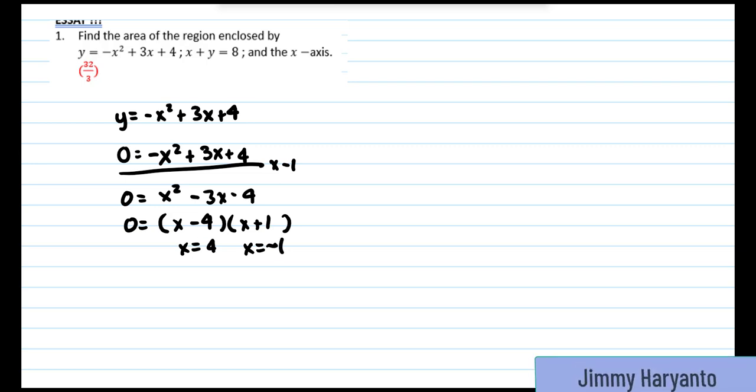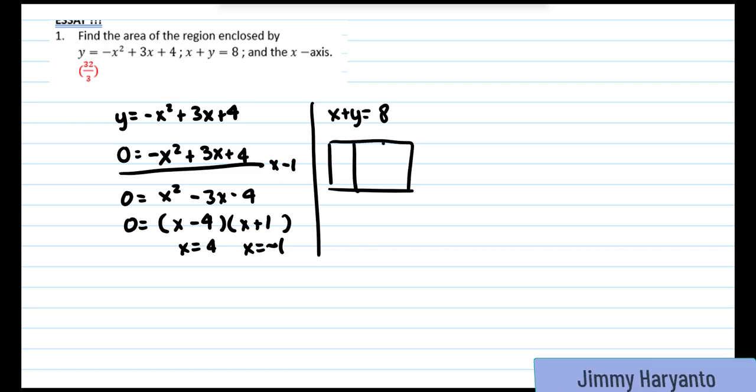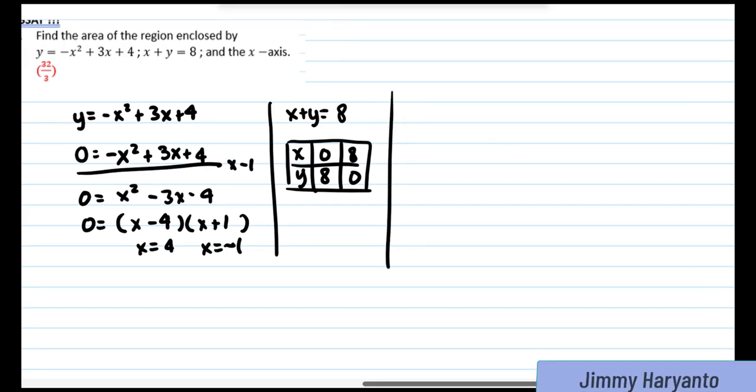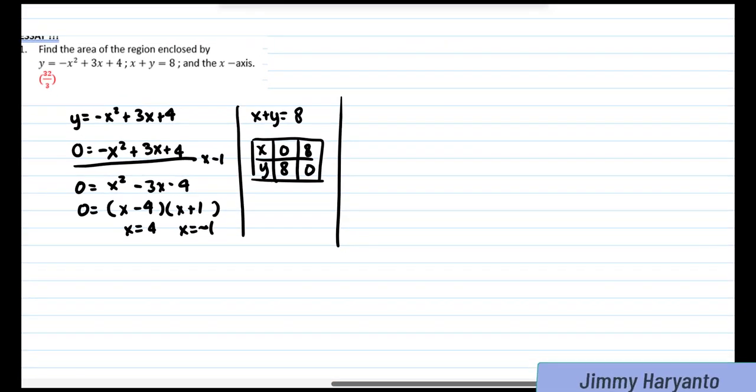Okay, and then x plus y equals 8. For x and y, we have 0, 8 and 8, 0. So the graph will be like this.